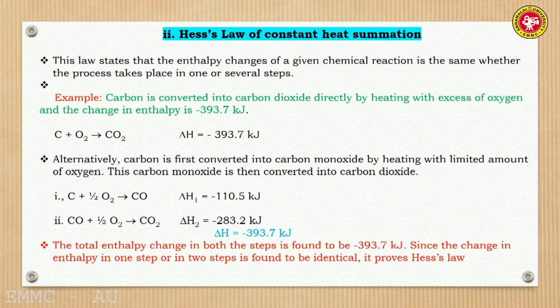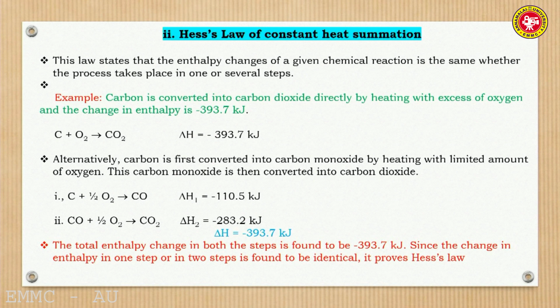So, we have seen that in the formation of carbon dioxide in a single step, the delta H value is minus 393.7 kilojoule. Similarly, if the reaction takes place in several steps, the final delta H value is also minus 393.7 kilojoule.